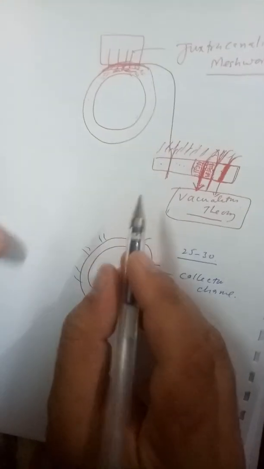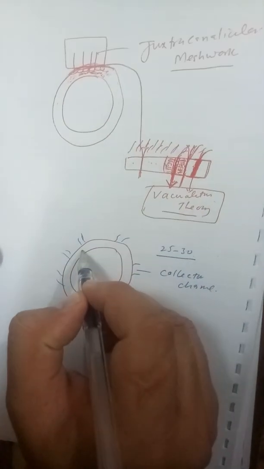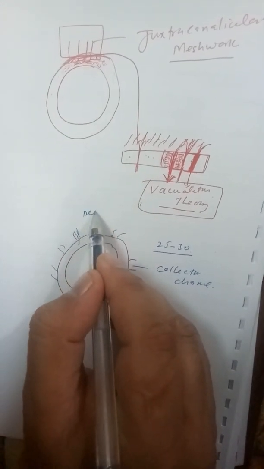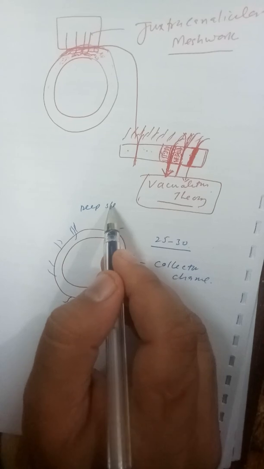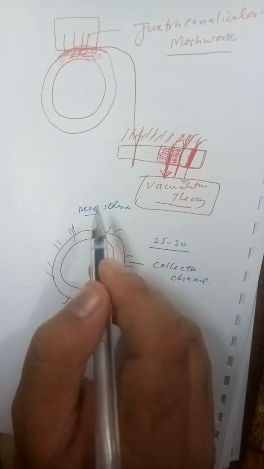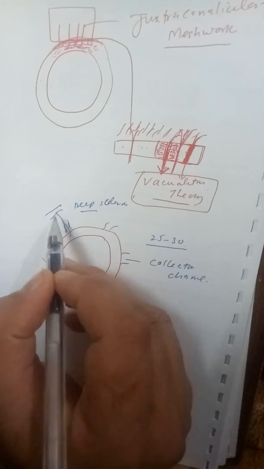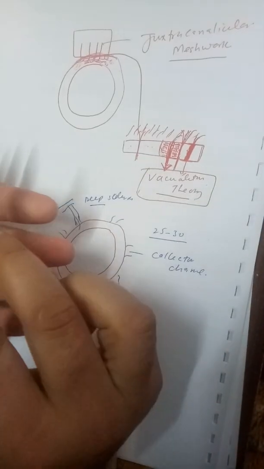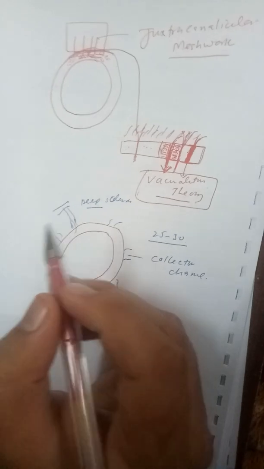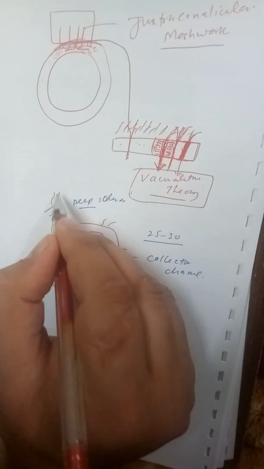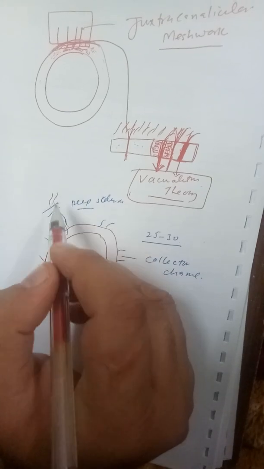Now what really happens? These collector channels take the aqueous humor and reach the deep scleral plexus. Let's suppose there is a scleral plexus. So this reaches the deep scleral plexus, and from the deep scleral plexus, these small channels connect.